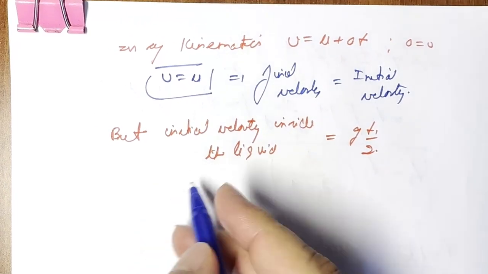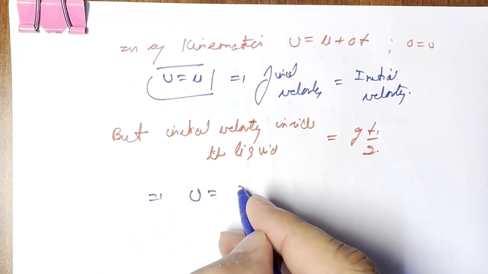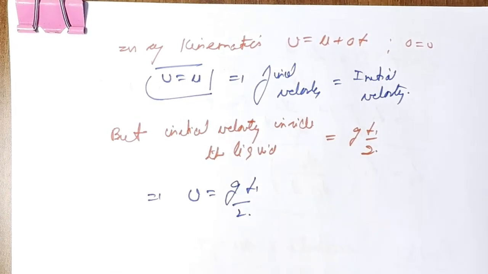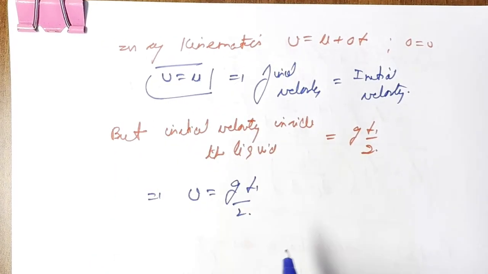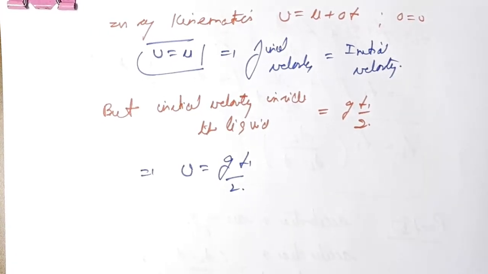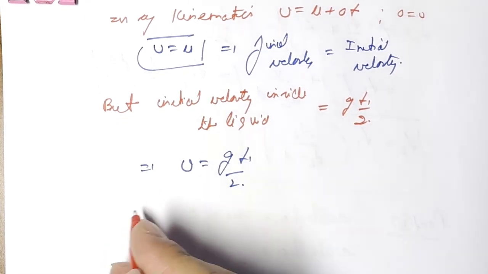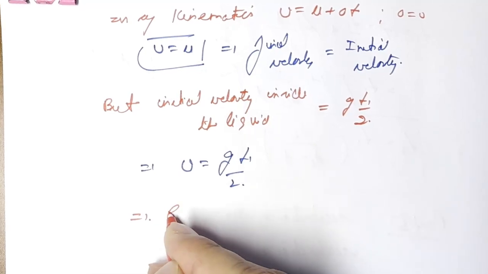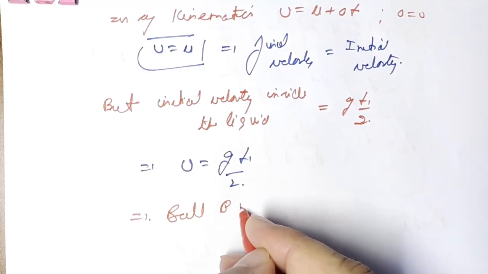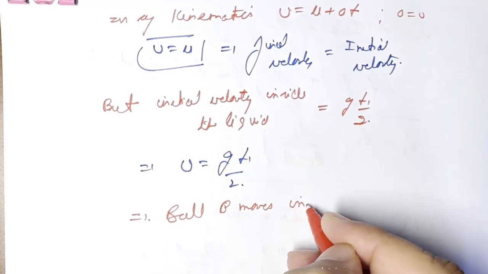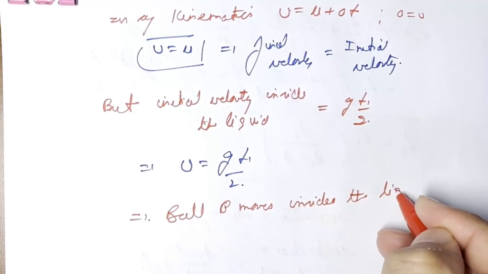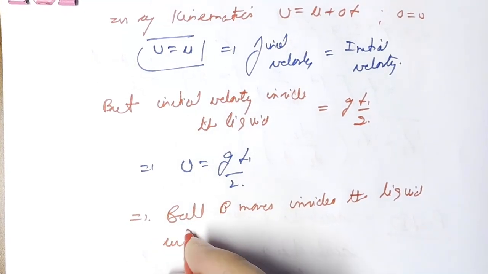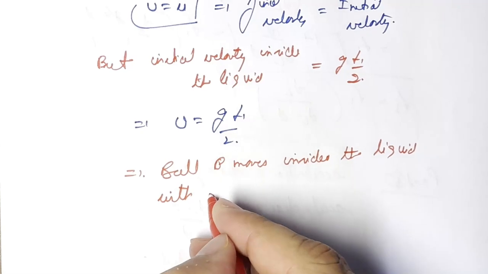So therefore, V will also be equal to g T1 by 2. As initial velocity is equal to final velocity, we can draw one important conclusion, that the ball moves inside the liquid with constant velocity.